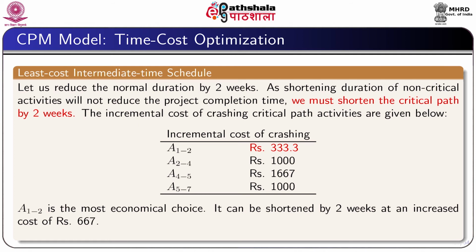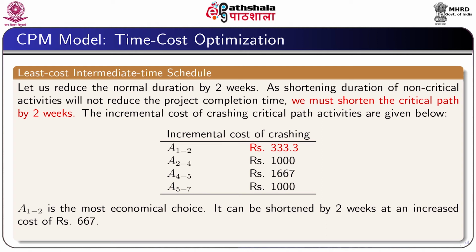The costs of crashing critical path activities are given below. The incremental cost of crashing activity 1 2 is rupees 333.3. Similarly, the incremental costs of crashing activities 2 4, 4 5 and 5 7 are respectively rupees 1000, 1667 and 1000.